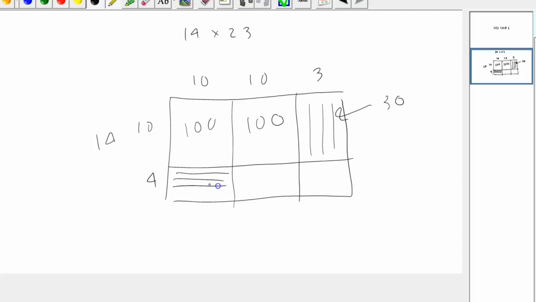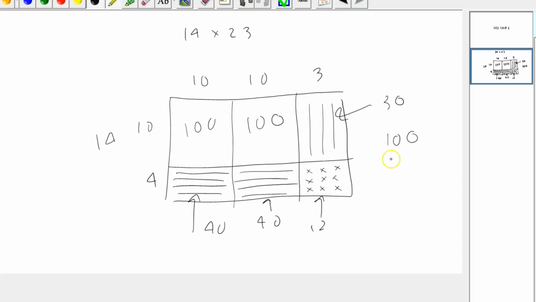This would be 4 rods this way, or 40. This would also be 10 by 4. So this was this 10 by 4, and this is this 10 by 4. So we have another 40. And then here this would be 3 by 4. So 4 rows of 3, which is 12.